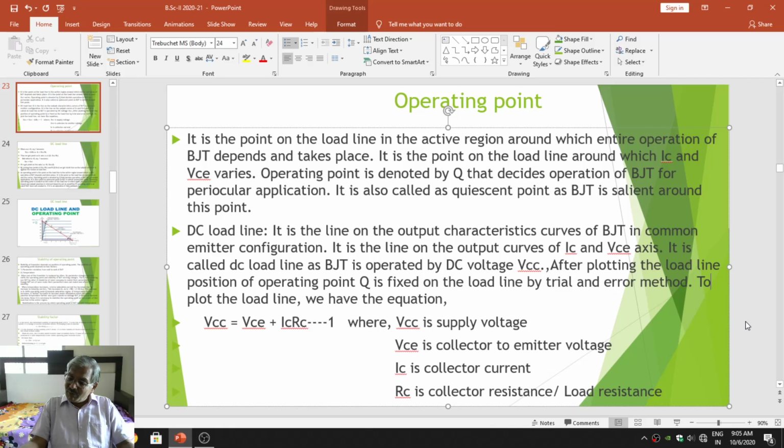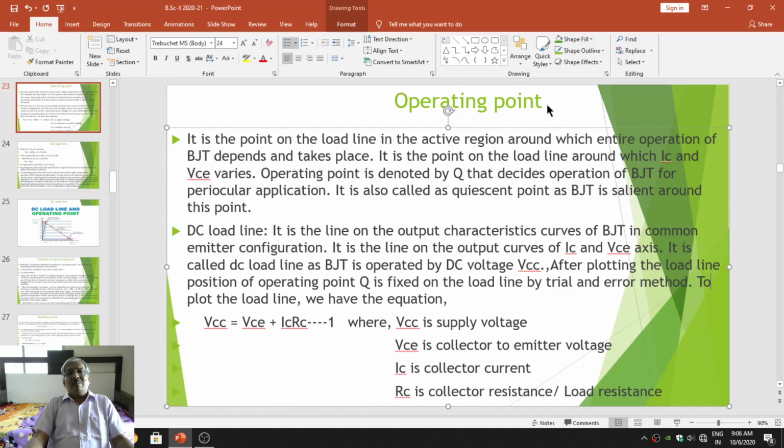Means by providing the necessary bias, the operation of the BJT is stabilized, and its stabilization is going to depend upon the operating point. Student friends, today we are going to consider the same concept of the operating point. So what do you mean by operating point?